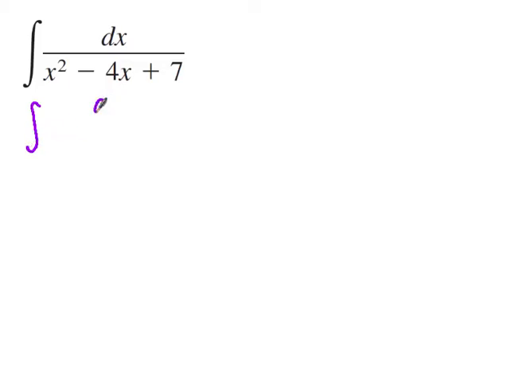So the first thing you're going to do is isolate the x terms. You're going to want to write this down and follow along. So I've got my x squared minus 4x. I'm going to leave a space. Yes, I'm leaving a space there. And I'm going to write plus 7.